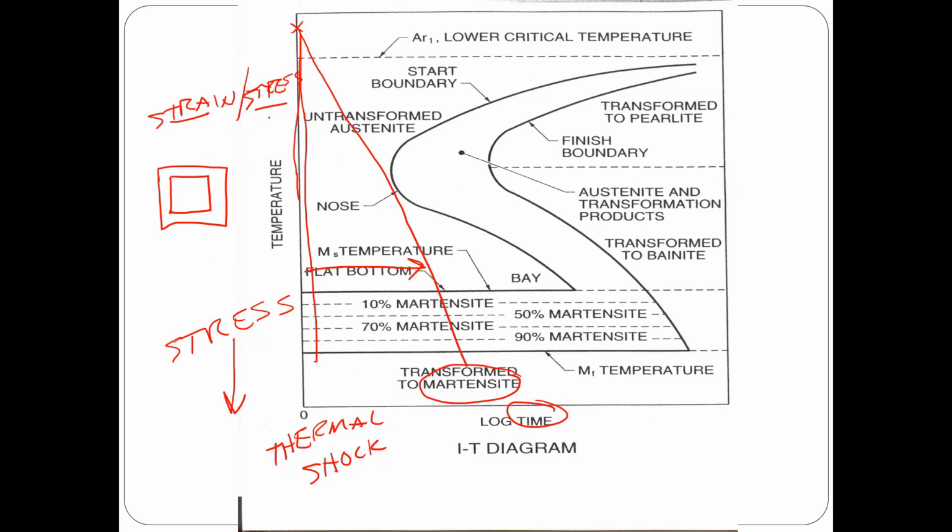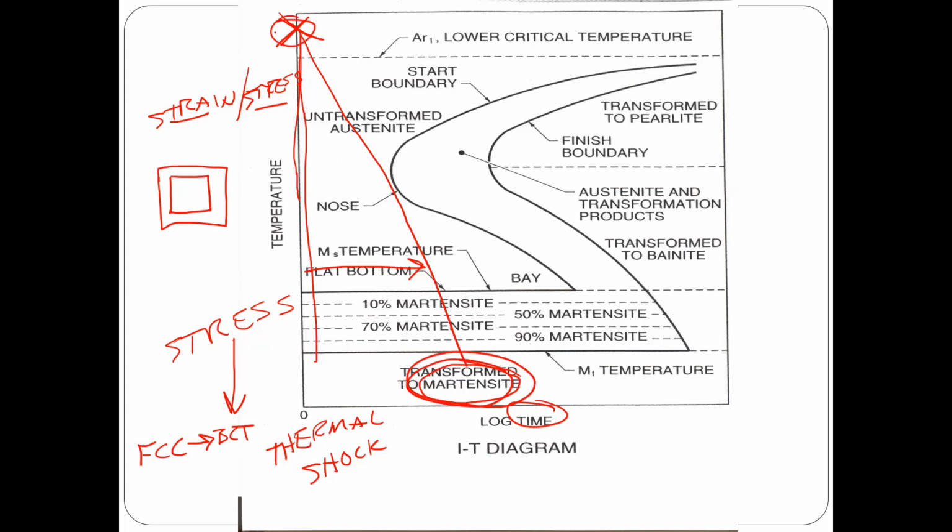So that stress, change in shape, change in size, so that thermal stress there, plus what we call dilation stresses, you don't need to know that term, but that is when we go from FCC, which is our crystal structure when we're up here at high temperatures, right? We're austenite, which is FCC. When we change to body-centered tetragonal, which is what we are down here in martensite.